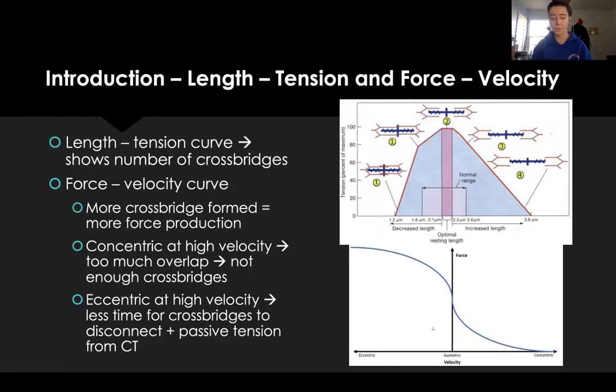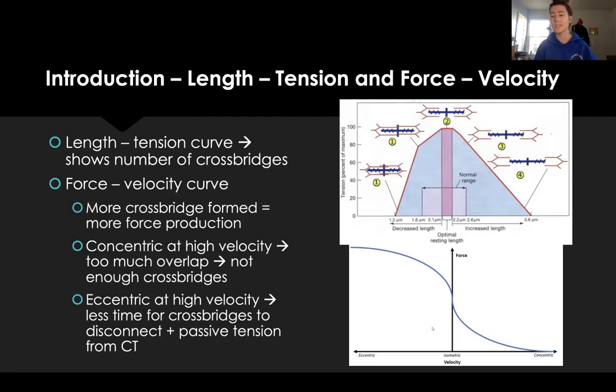You can produce less force because it's just like when you're holding on to something with the tips of your fingers. You're not going to be able to hold on to it for very long, especially if it's heavy. But if you have more of it grasped, then you can hold on to it for longer because you have more surface to hold on to.